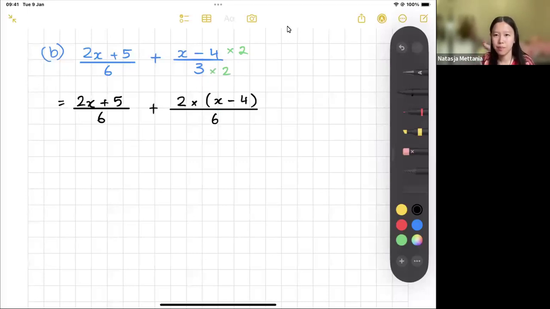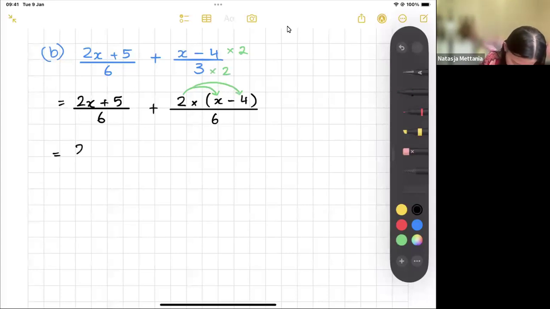Denominators are exactly the same. Perfect. What we're going to do now is figure out how to expand this bracket out in the second fraction. How I do that is I'm going to make an arrow from the 2 on the outside and bring it to the x. That's my first arrow. And my second arrow will be bringing the 2 again, going to the -4. Okay.